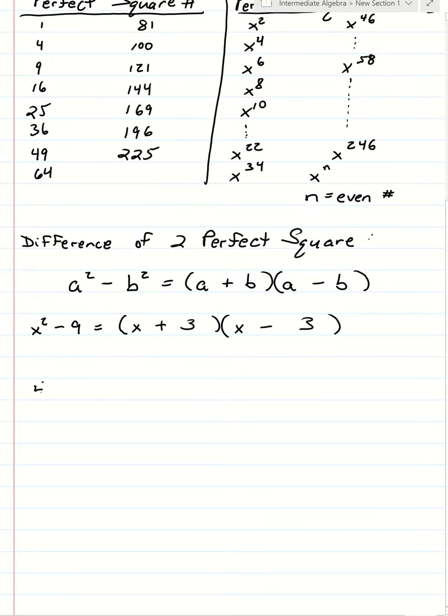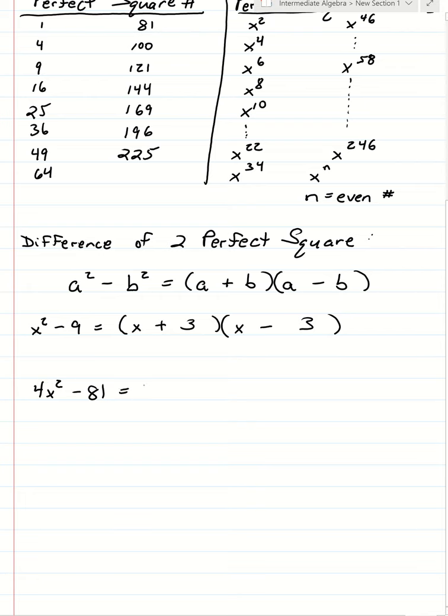Let's do another example. Let's say we have 4x squared minus 81. Well, the number 4 is a perfect square. It's on the list. X squared is also a perfect square. It's on my list of variables. 81 is on my list of perfect square numbers. And since I'm subtracting, I once again have here the difference of two perfect squares.